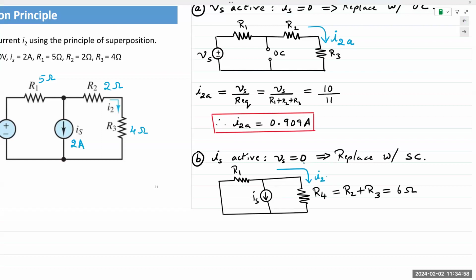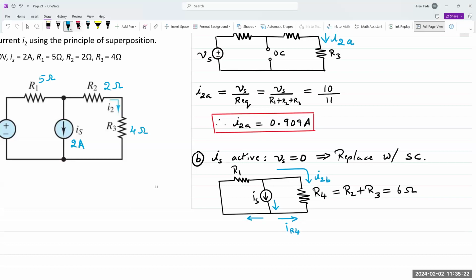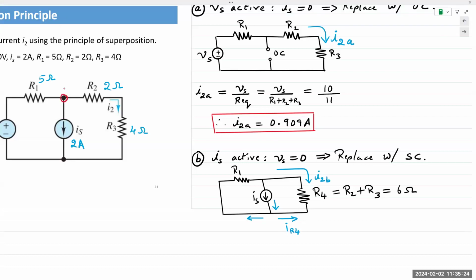And now it becomes I2B. Let's also mark. Now the circuit has changed.